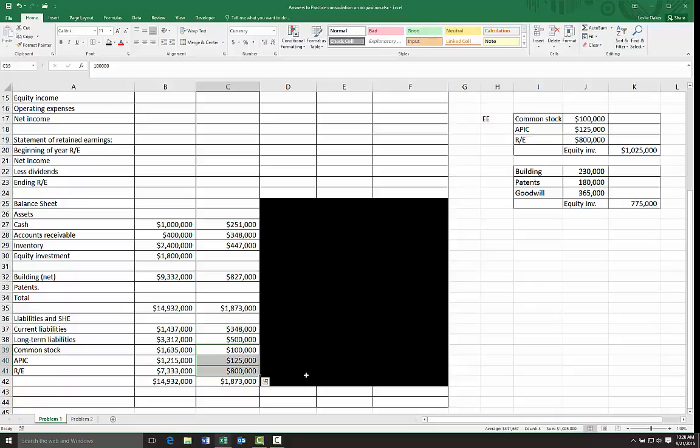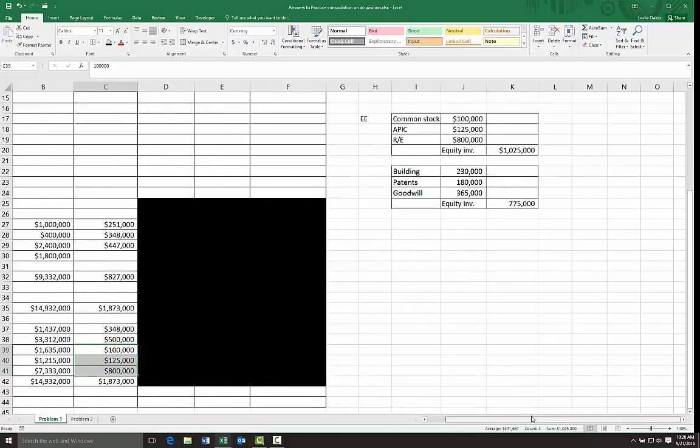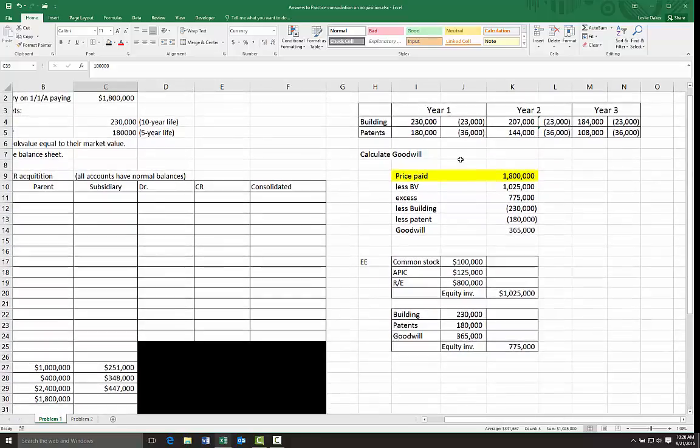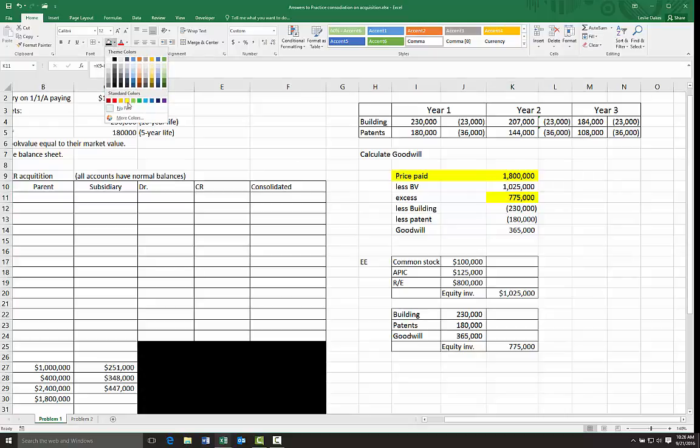That's the equivalent of the net assets, assets minus liabilities. So going back to our calculation, that is the book value of our net assets. That leaves us with an excess of $775,000.